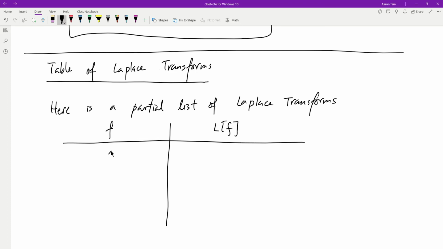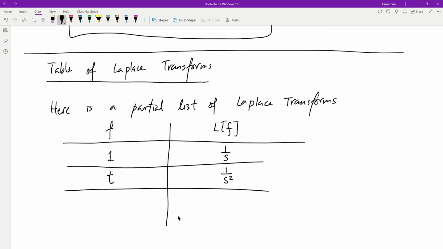Okay, the basic one will be 1, and that gives 1 over s. Let me write them out first, and then we can talk about it. If you have t, then that will be 1 over s squared. If you have t to some power n, that becomes n factorial over s to the n plus 1 power.